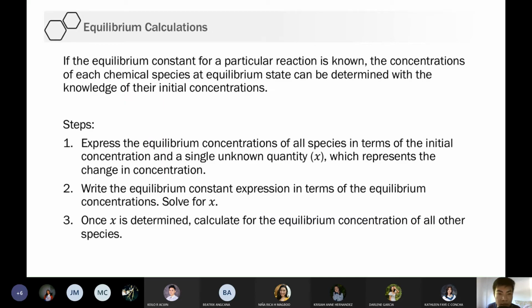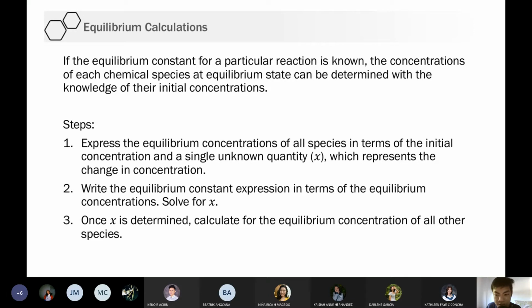So let's get started. The problems that we're going to encounter here give us the initial amount of our chemical species, and then we will be asked later on to solve for the equilibrium concentration. So again, we will be given the initial concentrations, but the problem will ask you for the equilibrium concentrations.